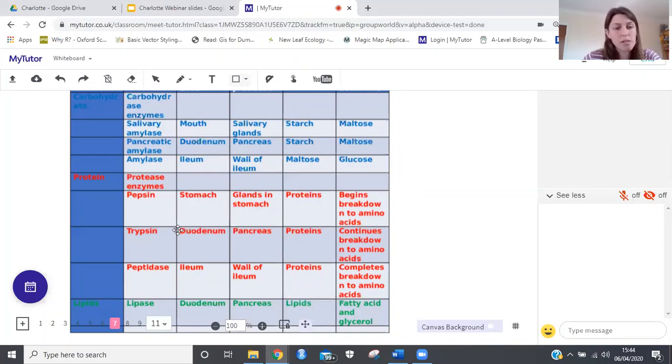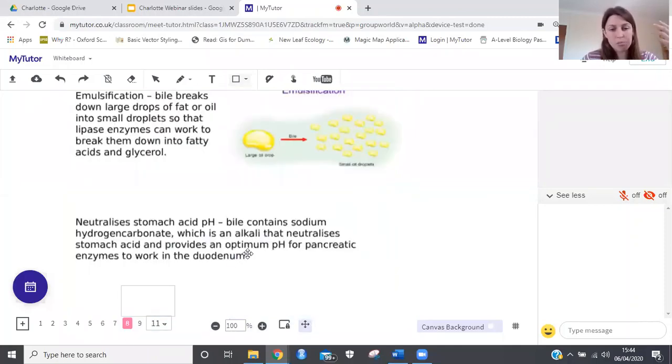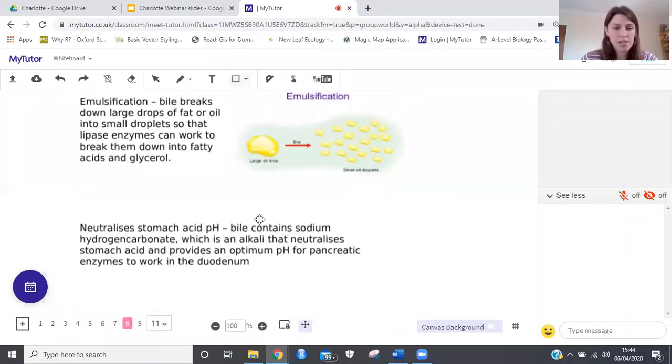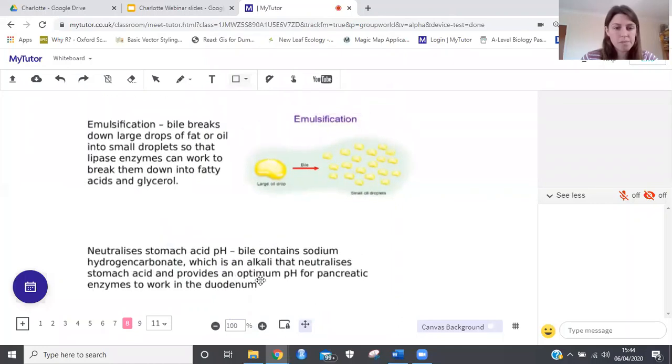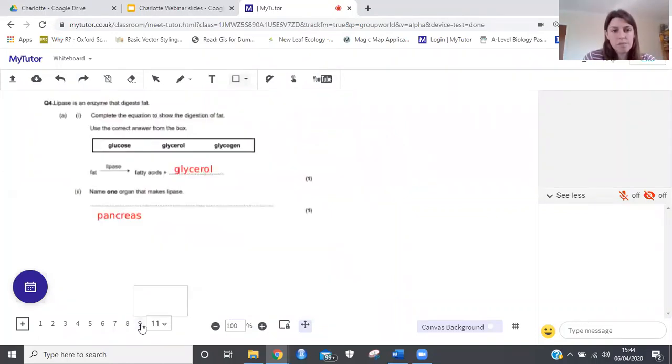Trypsin as well, those protease enzymes, peptidase and lipase. They all need that non-acidic environment, and bile helps to produce that in the small intestine, or in the duodenum specifically. So that's how bile fits into the equation.